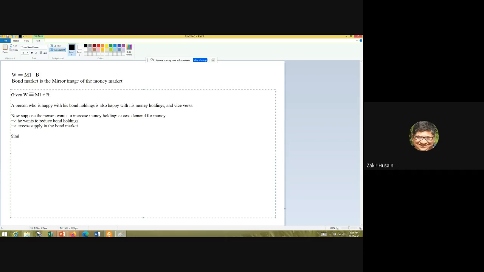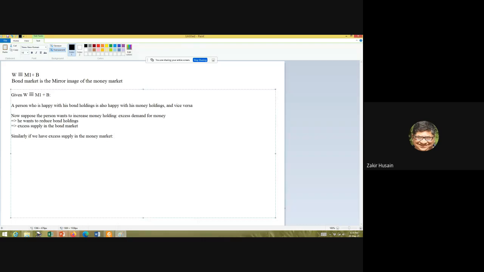So similarly, if we have excess supply in the money market, right? So what is the meaning of excess supply in the money market? Do you want to increase your stock of money? No, you want to reduce the stock of money.